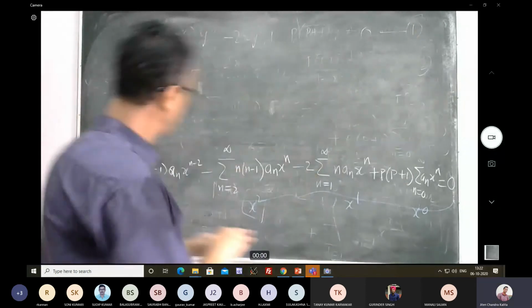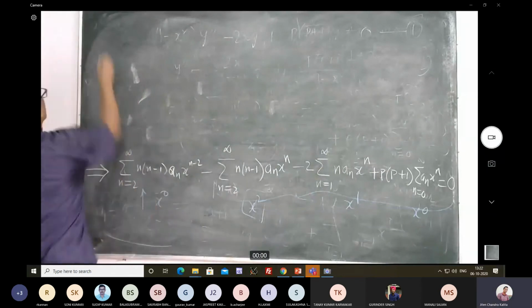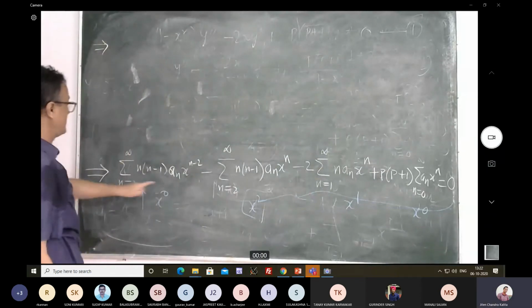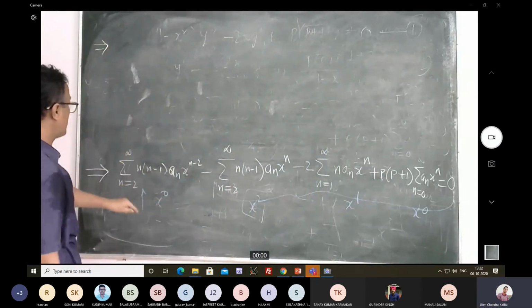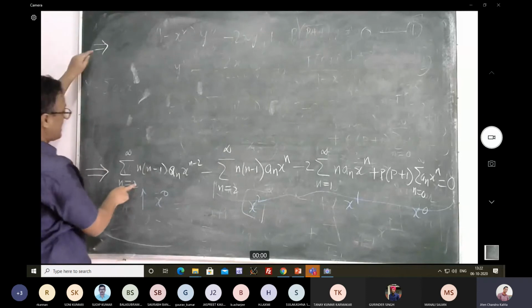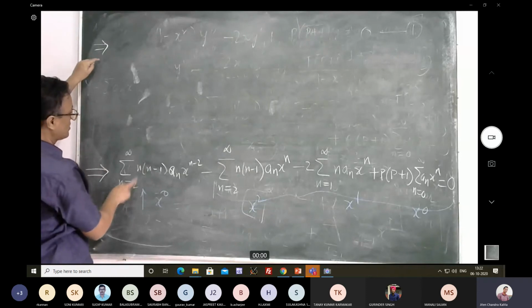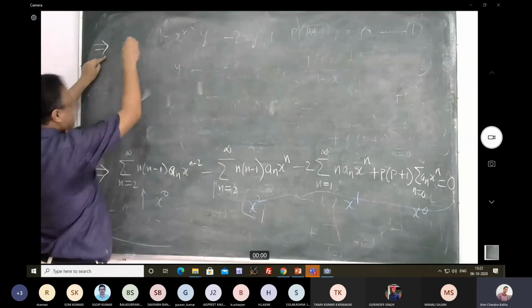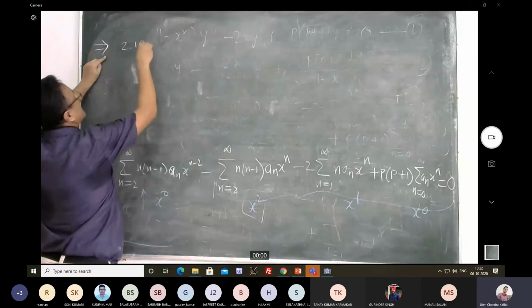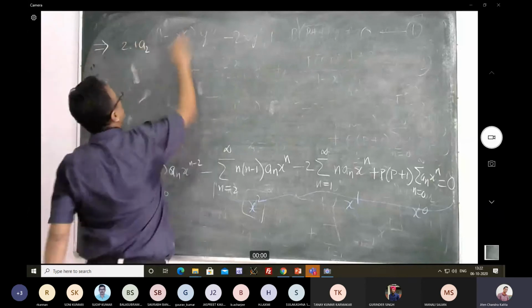Okay, fine. So from the first series, if I take out x to the power 0, plugging in n equal to 2, this is going to give me 2 into 1, a2, into x to the power 0.